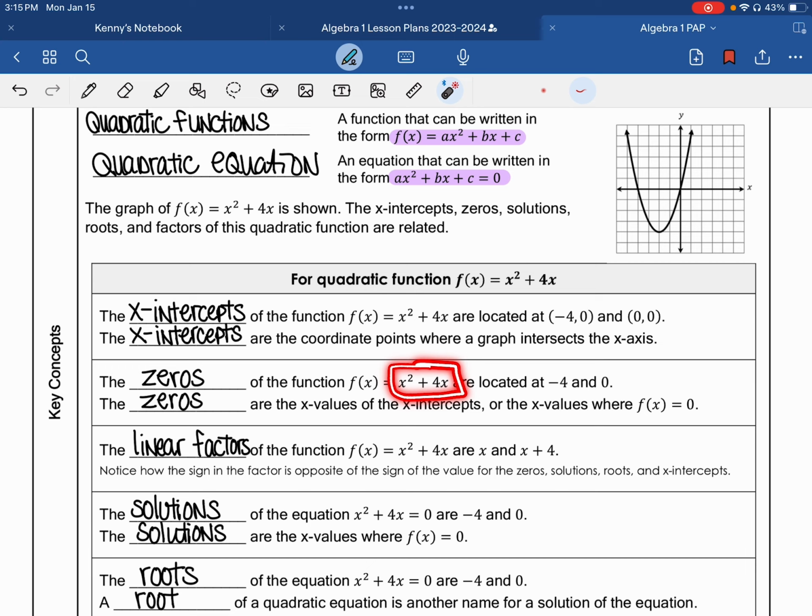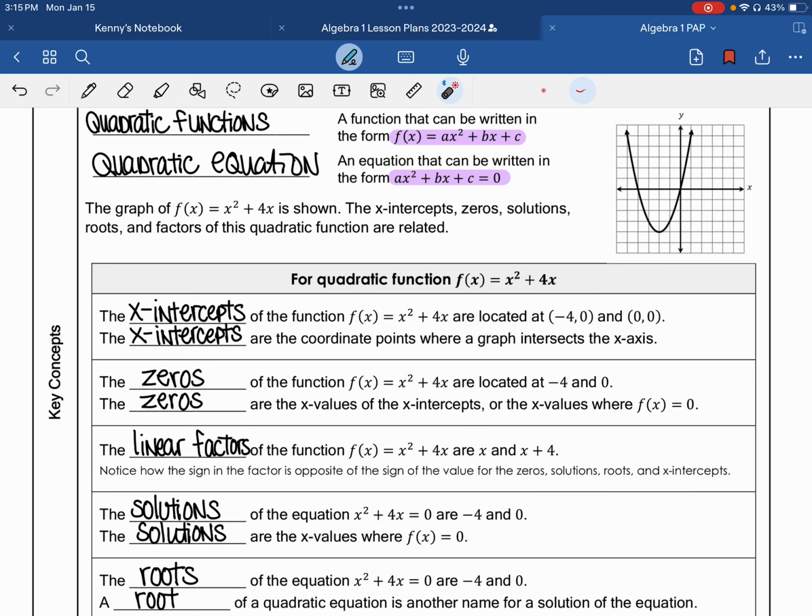If we take x and x plus 4 and multiply them together by distributing, we get x squared plus 4x. The solutions of our equation x squared plus 4x equals 0 are -4 and 0. So we could solve it, and these are the two answers that we get. Yes, we would get two answers.